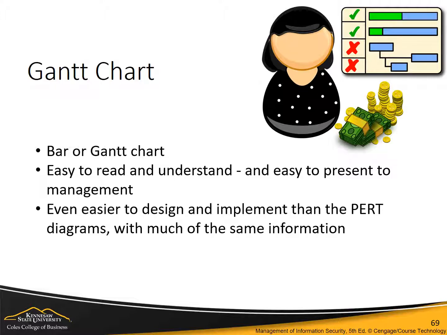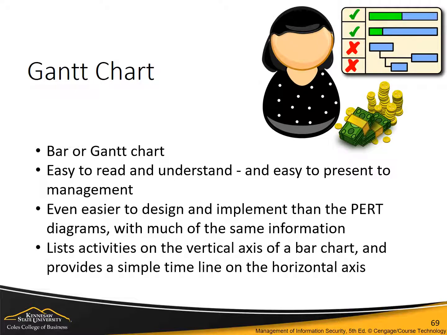These simple bar charts are even easier to design and implement than the PERT diagram and yield much of the same information. The Gantt chart lists activities on the vertical axis of a bar chart and provides a simple timeline on the horizontal axis. It's not as critical which tool you use, Gantt, PERT, or another tool. Use a simple tool that meets the needs of your project, is easy to maintain, and that is easy to present to decision makers.